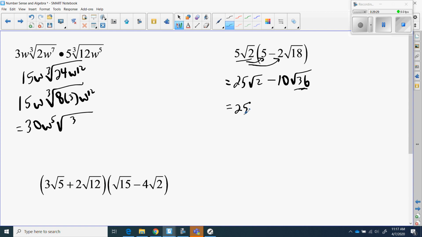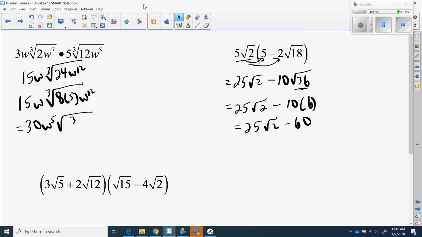So it's 25 radical 2 minus 10. The square root of 36 is 6. So now I've got 25, square root of 2, take away 60. And that doesn't reduce any further because this is a radical 2 and this term is just a numeric term.